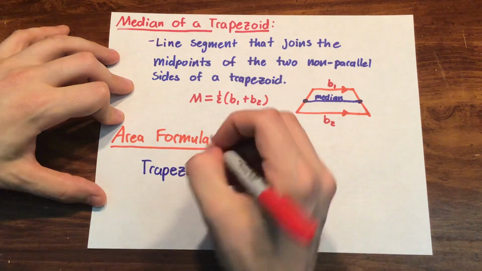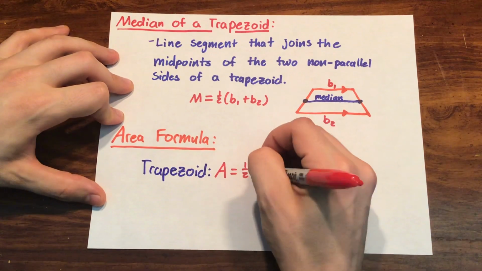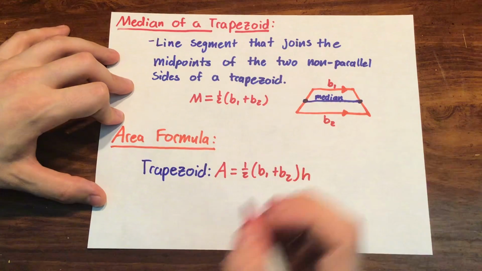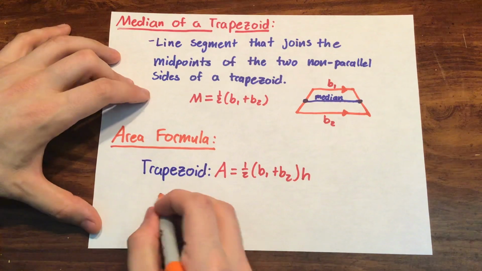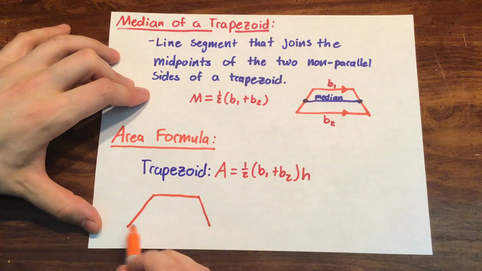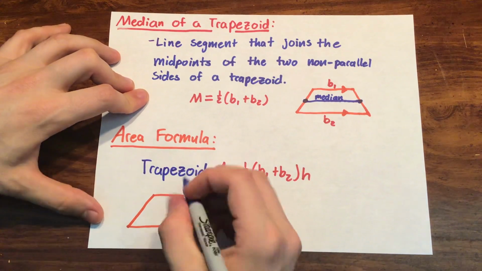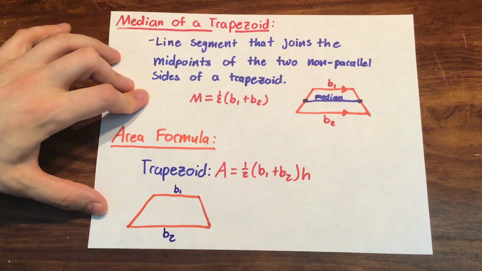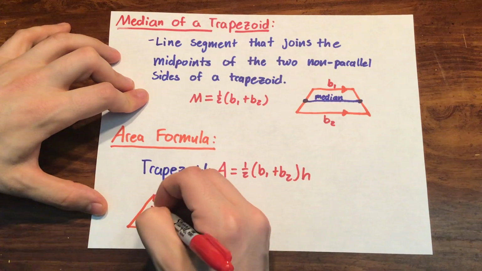And that is, the area is equal to 1/2 base 1 plus base 2 times our height. So again, we have our trapezoid here. We're going to have our base 1 and our base 2. And we're also going to need our height.